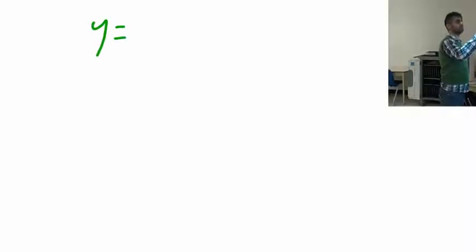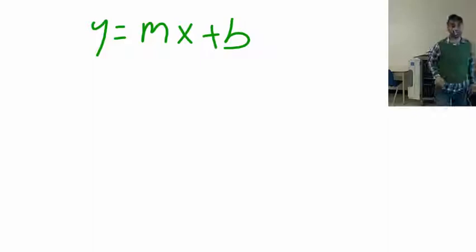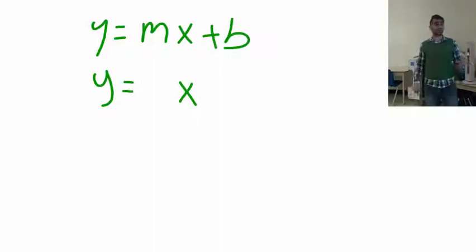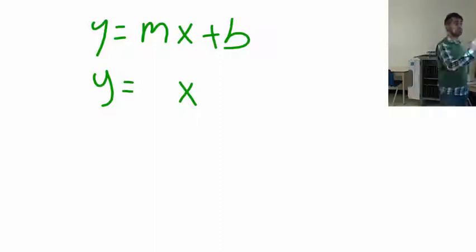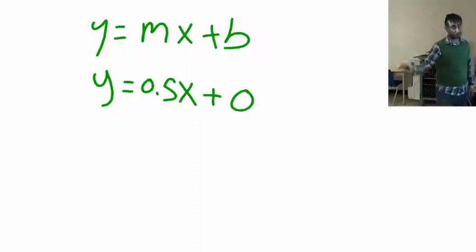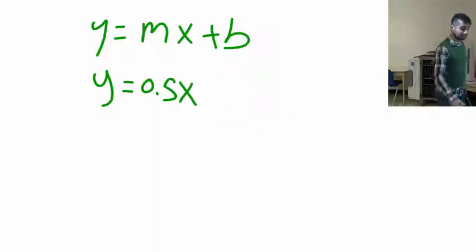Now I can write down the equation of the line. So y equals mx plus b. That's how I'm going to start. I'm going to keep the y and the x. I'm just going to write down the slope and y-intercept. The slope is 0.5 and the y-intercept is plus 0, plus nothing, so you don't have to bother writing that down.